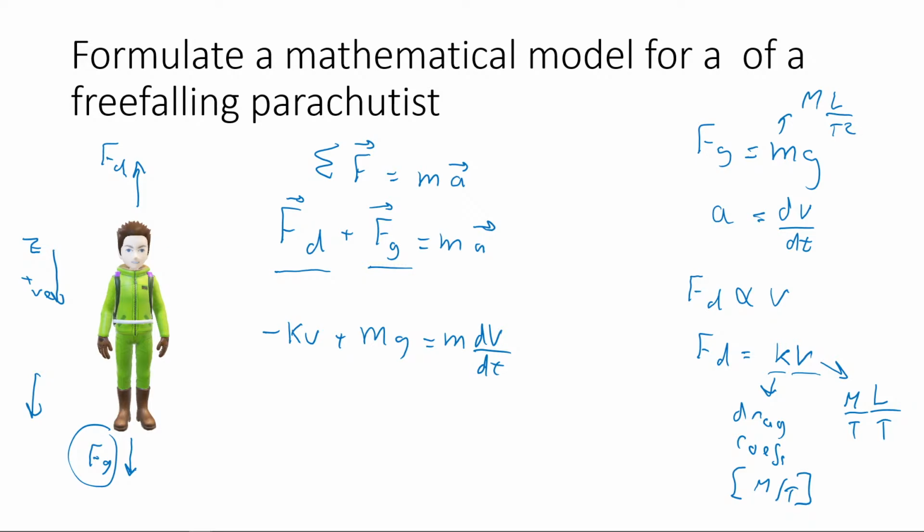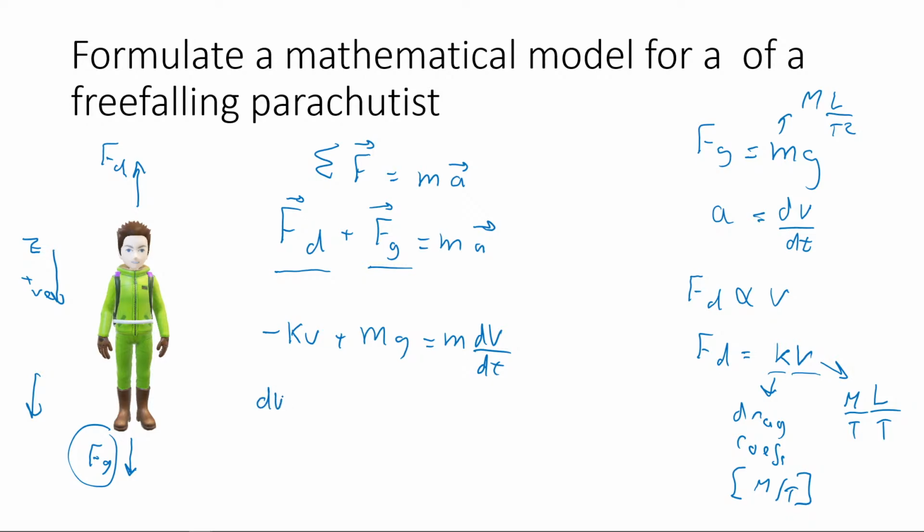Wow, I was actually able to find something that looks like this. Does this look familiar? Did we study this before? Yes, this is a differential equation. Let me arrange it and make it look a little bit nicer.